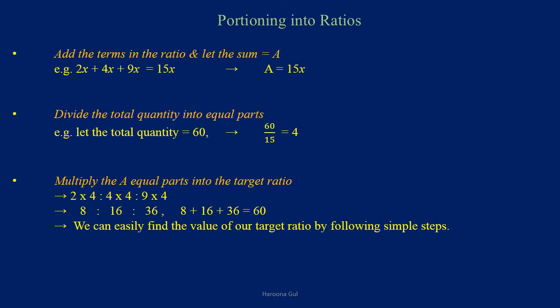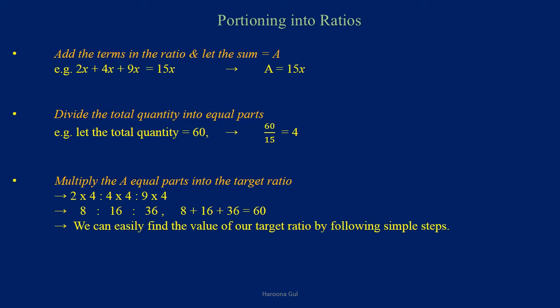Let's first refresh our minds with the subtopic on ratios, that is, portioning into ratios, the questions of which we have already done in the first part of the video tutorial on ratios. Now, the step-by-step process that we follow when we come across questions related to portioning is very simple.